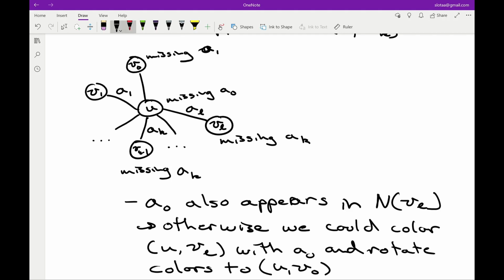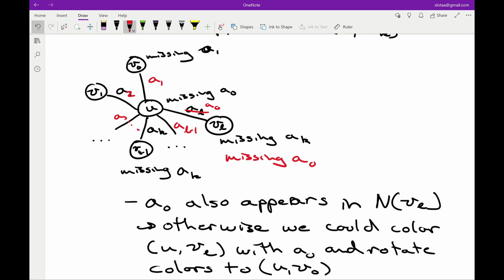Essentially the idea here is that this is missing A naught, because if it wasn't, then we could recolor this A naught, recolor this A L minus 1, and so on, and essentially color this A1, A2, A3, etc. So we have this shifting down again.